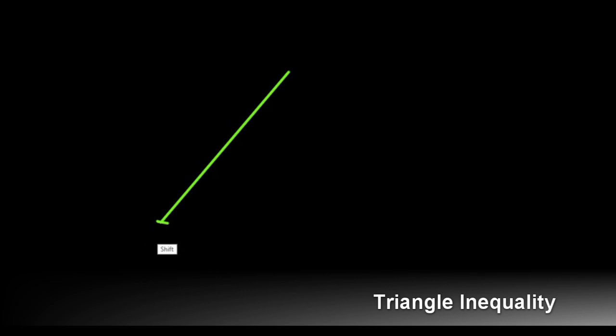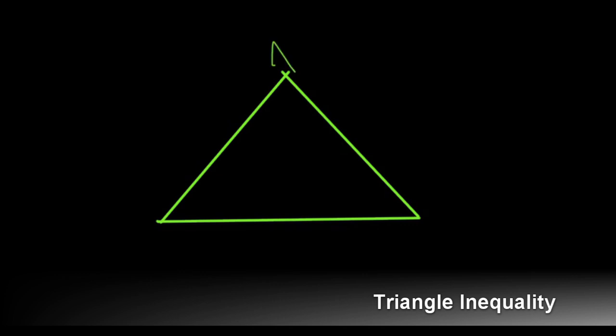So if I draw any triangle, such as this one, it works for any triangle you can think of, and if I just quickly label that triangle, A, B, and C, so this side will be A, this side will be B, this side will be C, what the triangle inequality states is that if I take any two sides of a triangle, so for example in this case I'll take this side here and this side here, and if I add them together, their sum must always be greater than the length of the third side of the triangle.